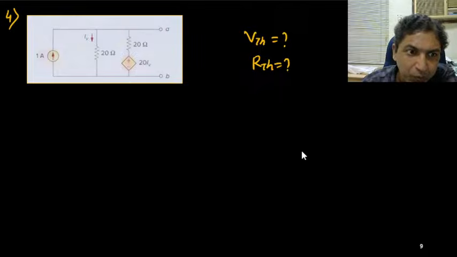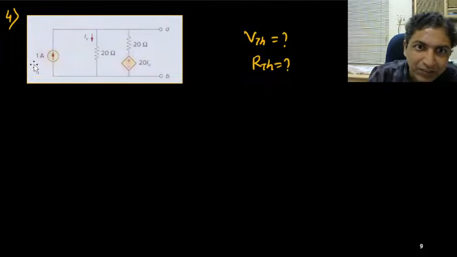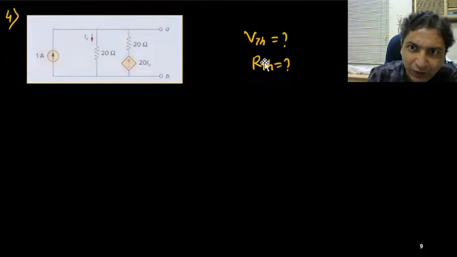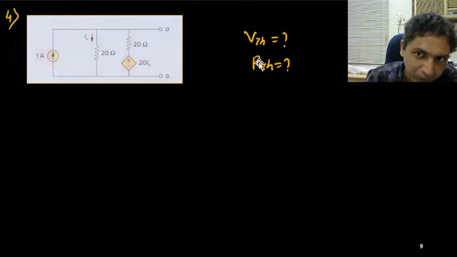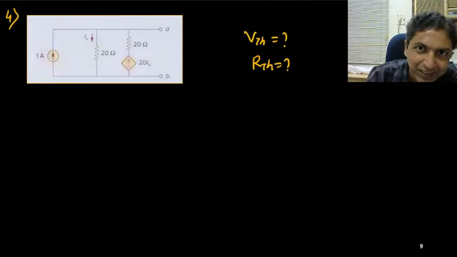So to solve this one, I'll use that method. Which method? I'll connect a source. Okay, I'll consider all the things at a time. I'll try to find out VTH, RTH simultaneously. Both the elements I want to find out simultaneously using my method. And I have already discussed the method.